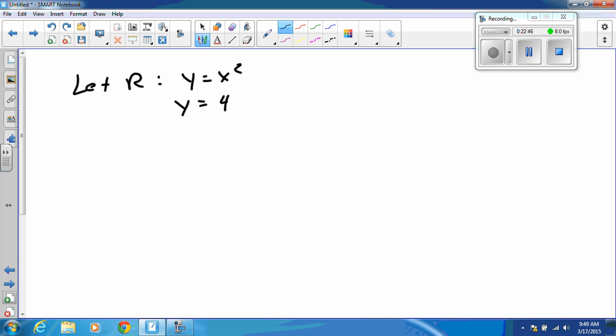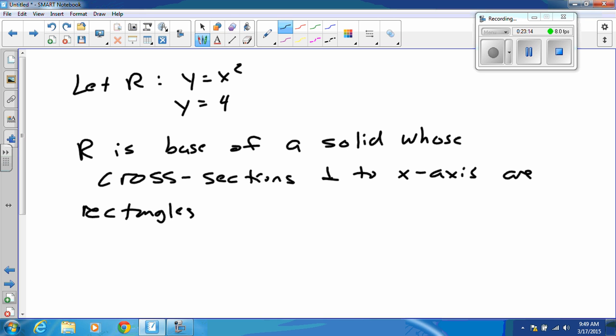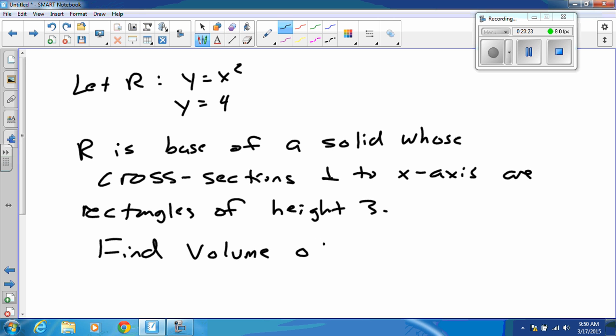R is the base of a solid whose cross sections perpendicular to the x-axis are rectangles of height 3. Find the volume of this solid.